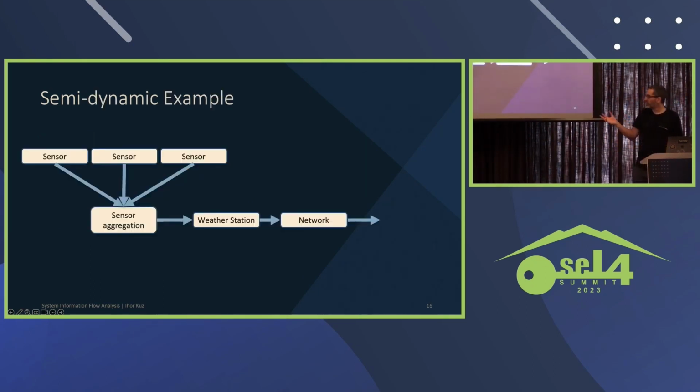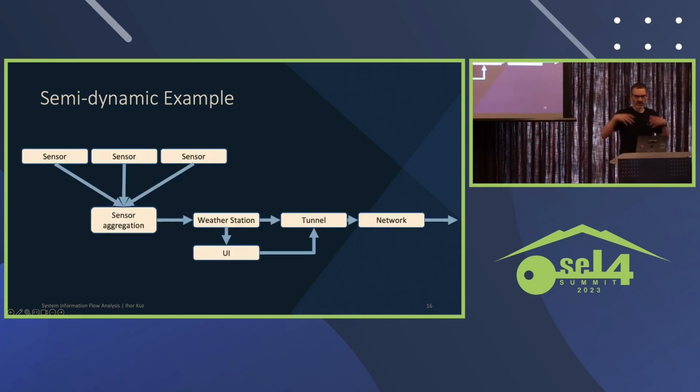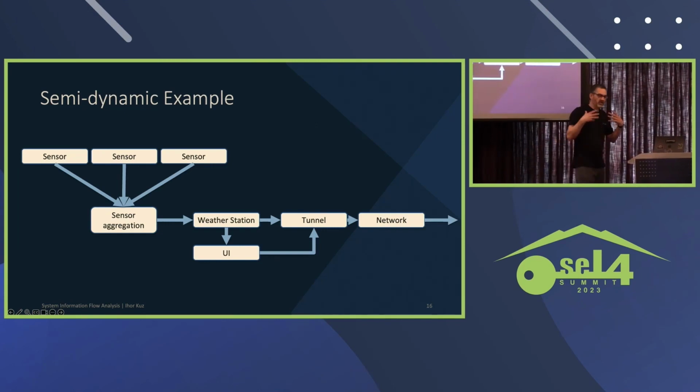Then we've got semi-dynamic systems. These are systems where you can treat the system as a sequence of static systems. So we have a particular system, and then at some point in time, we tear it down and set up a new system which has a different static architecture. And these are known, right?